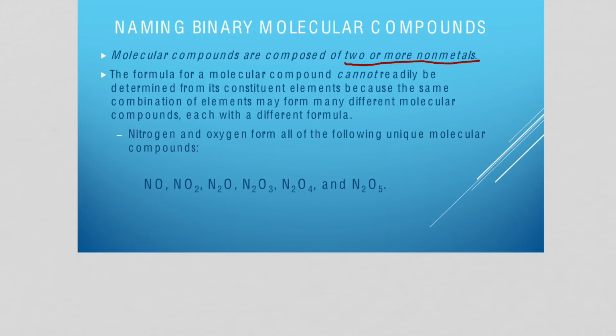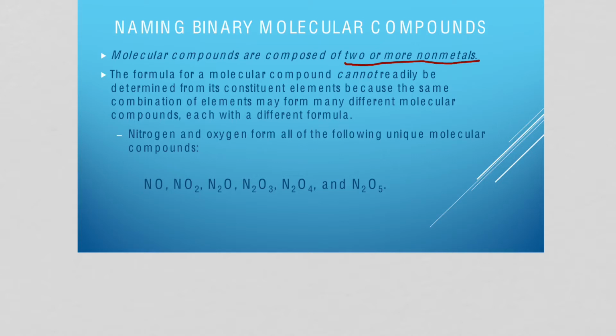We can't readily write out the formula just from the elements because we don't have any place to start with how many of which element will come together. In fact, they can form many different forms. The same elements can come together in different ways. And so, the only way that we can write out the formula for a specific molecular compound is from the name. So, naming it correctly becomes very important.